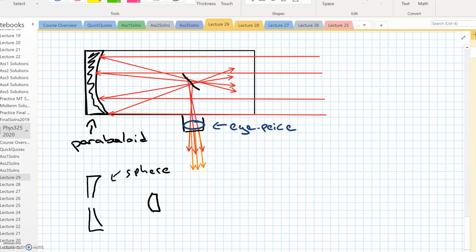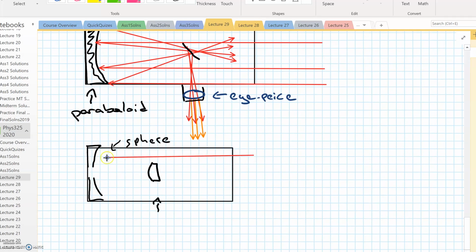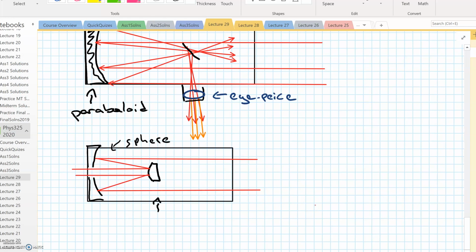And then it's going to come out just so after hitting this mirror, this so-called Schmidt corrector. So this type of telescope, let me just sketch the rays here. This design here with this corrector is called a Schmidt Cassegrain.